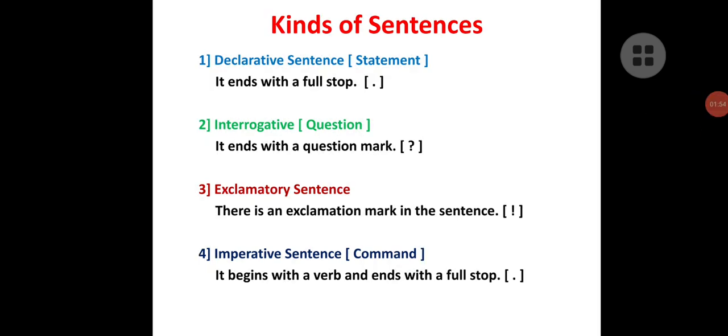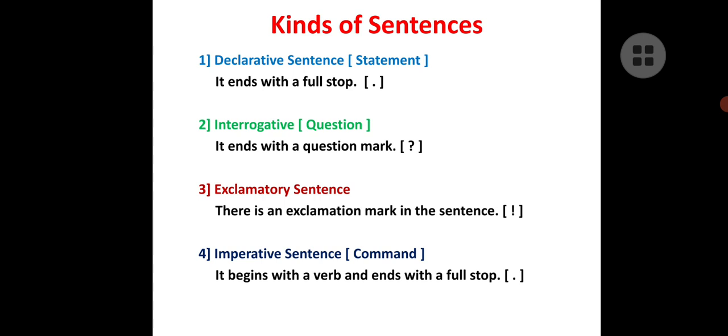Now let's take first declarative sentence. My dear, always remember declarative sentence begins with a subject and ends with a full stop. Now, what subject is? Any noun can be the subject. For example, your name or any person's name, any thing's name, any animal's name, or any place name can be the subject.